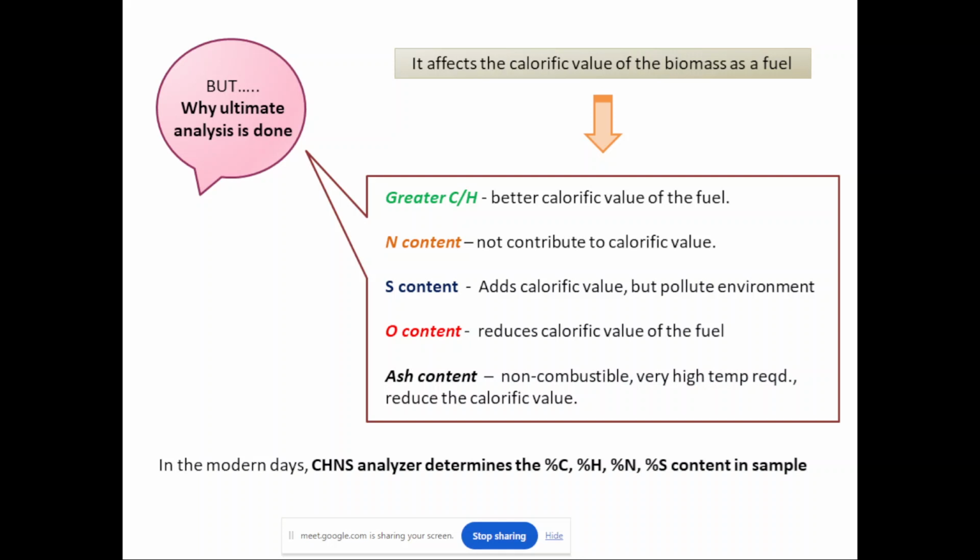Next is the sulfur content. Here your sulfur content will be adding to your calorific value, but there is an issue. When the sulfur reacts with oxygen, it forms oxides of sulfur such as SO2 and SO3. The problem with this SO2 and SO3, or some kind of SOx, where x is an arbitrary number, because sulfur can react with oxygen forming different kinds of oxides.